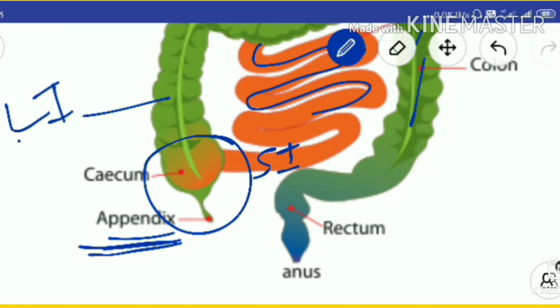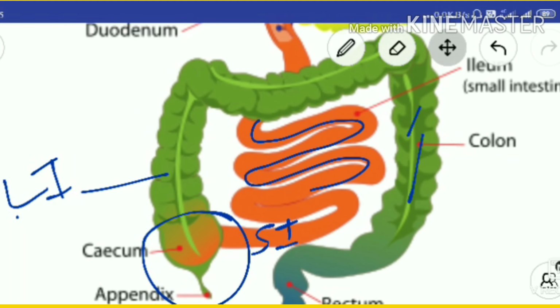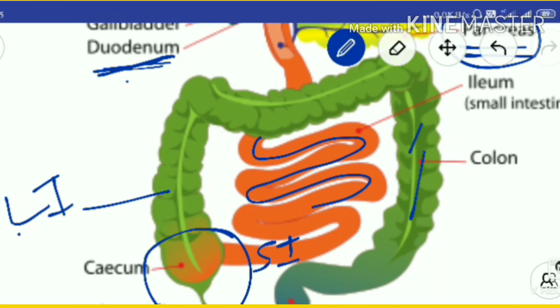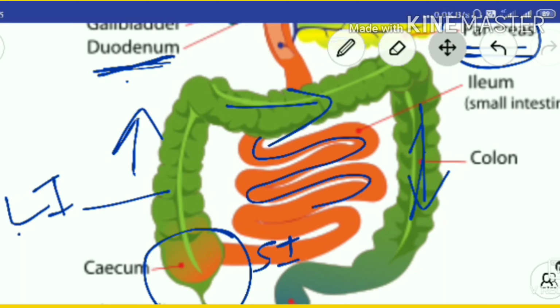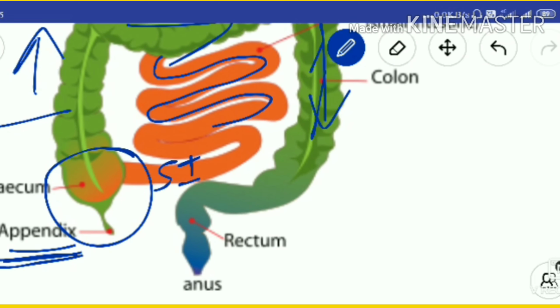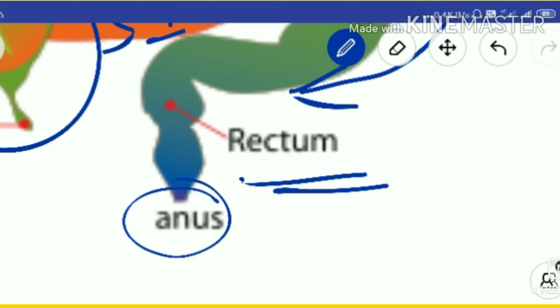Are you clear? Okay, very good. Now this large intestine has an ascending colon, a transverse colon, and a descending colon. This colon then leads to a structure called the rectum, and it finally opens out through the anus.